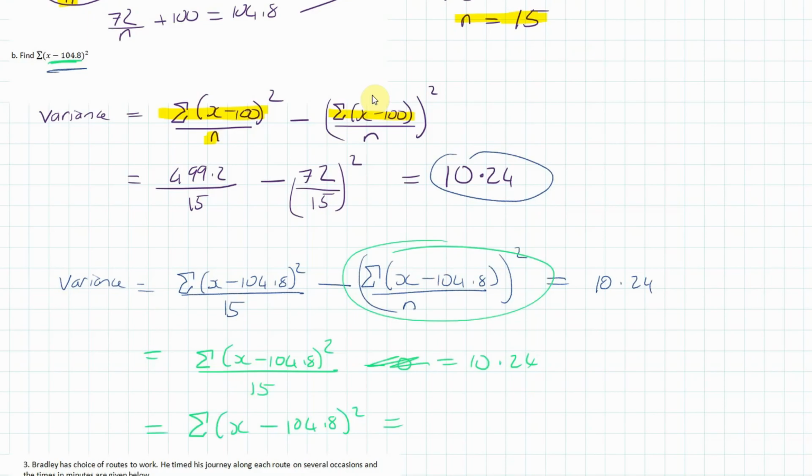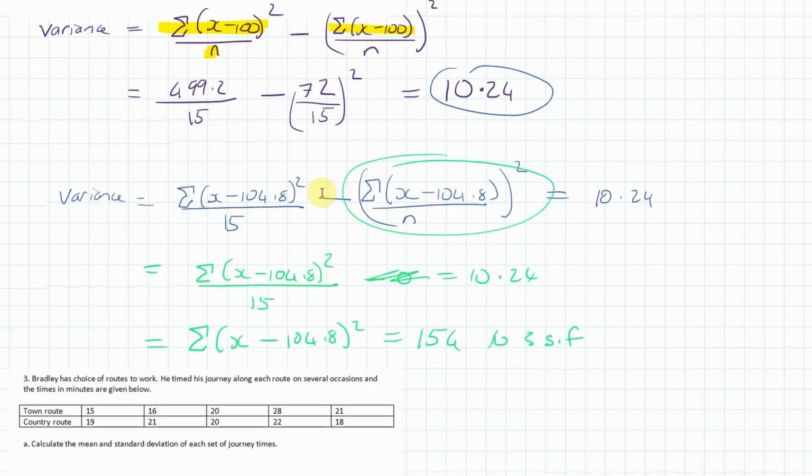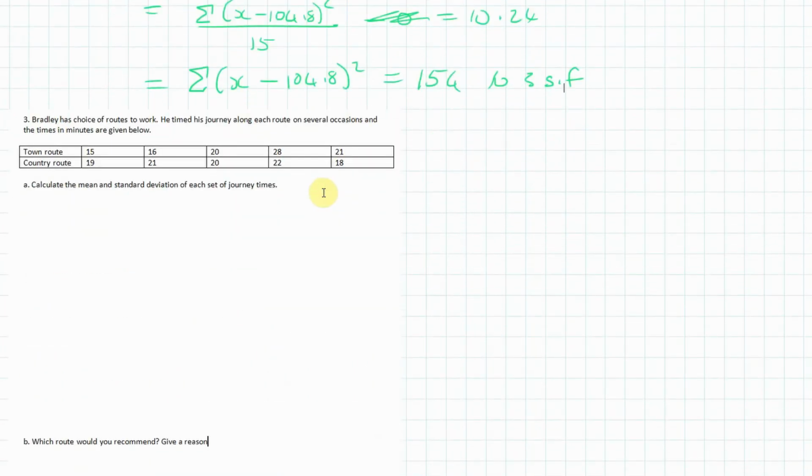And that's giving me 153.6, or 154 to 3 significant figures. Okie dokie, I hope that makes sense. Those coded questions are sometimes quite tricky.